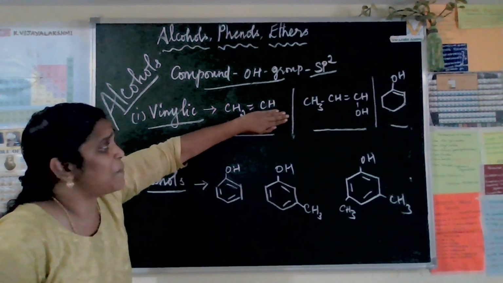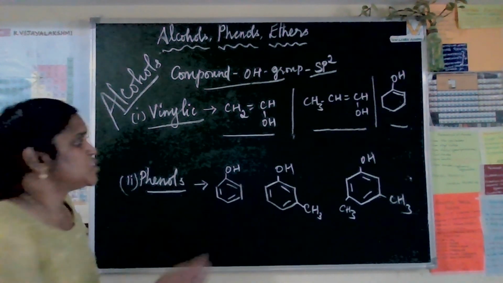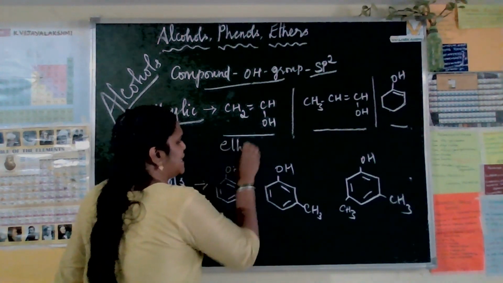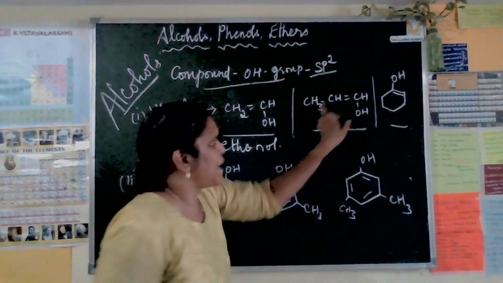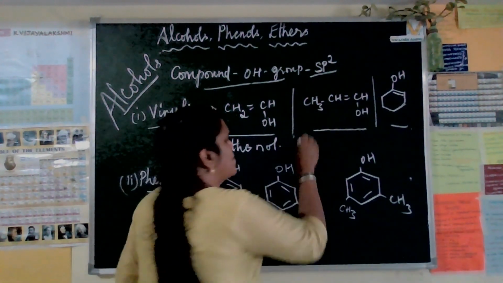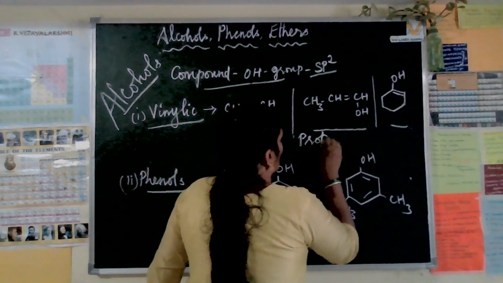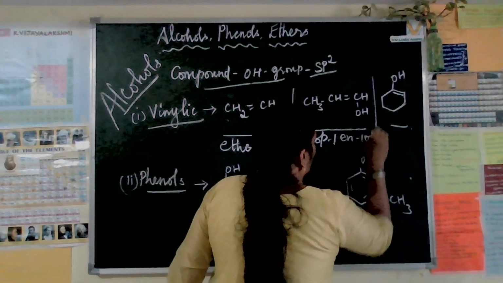Ethane, CH2=CH2, in which one hydrogen is replaced by OH. So ethenol. In the same way here, propene, prop-1-en-1-ol.